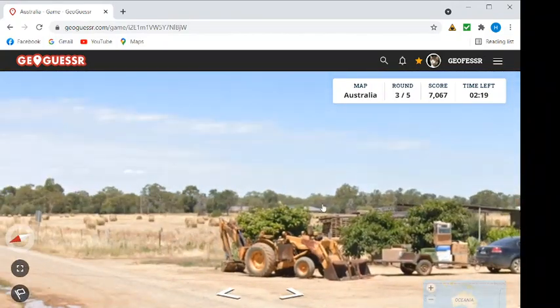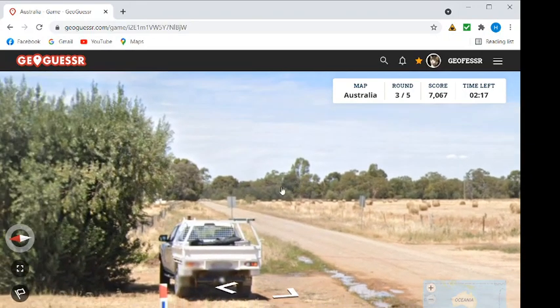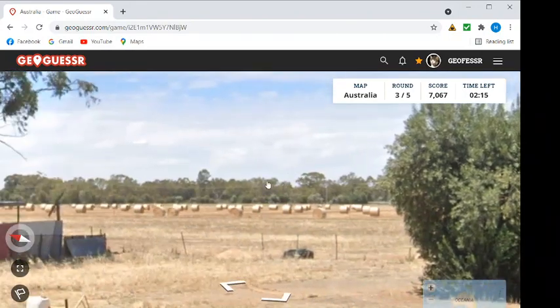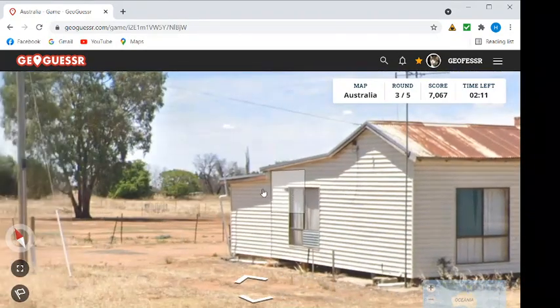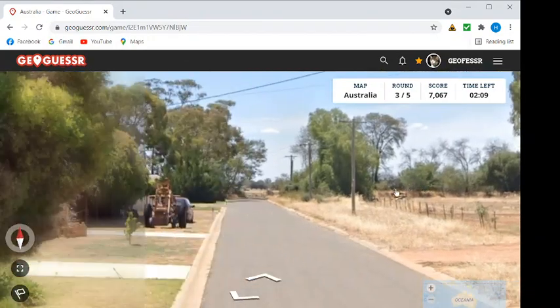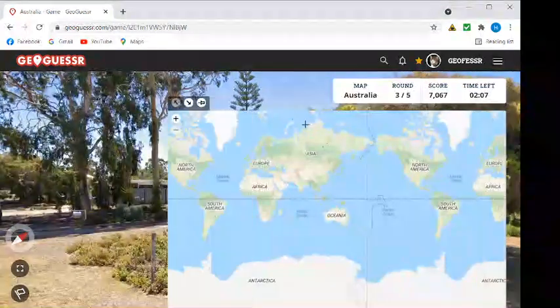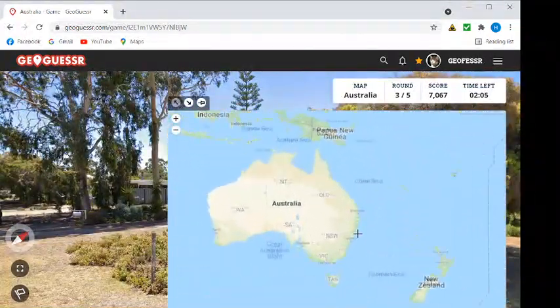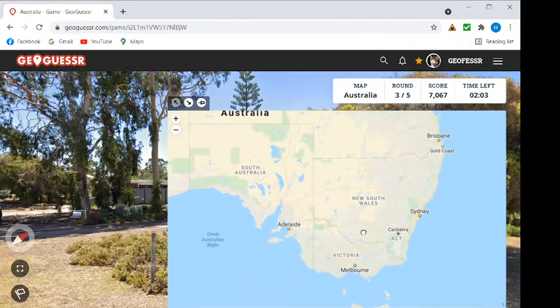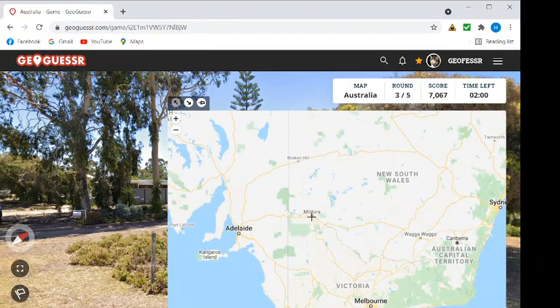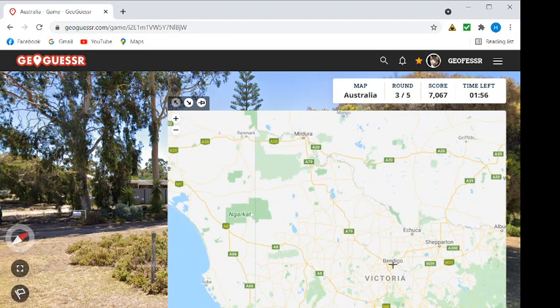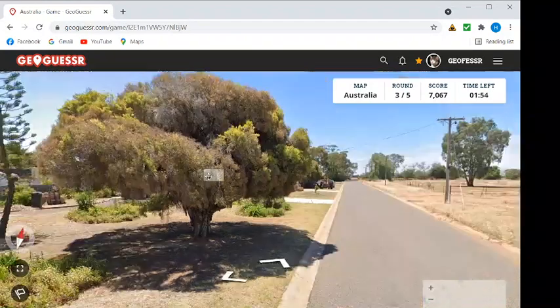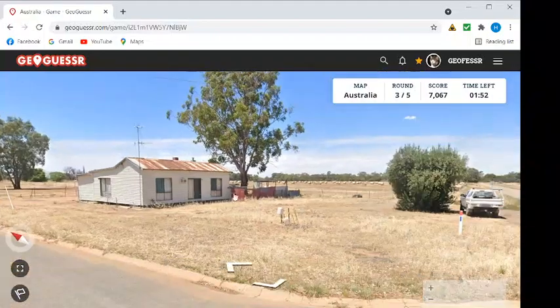Yeah, this sort of landscape I would say is probably Victoria or South Australia. It could even be the interior of New South Wales or Queensland. There's not much to go on. I'm going to plunk it here for now.